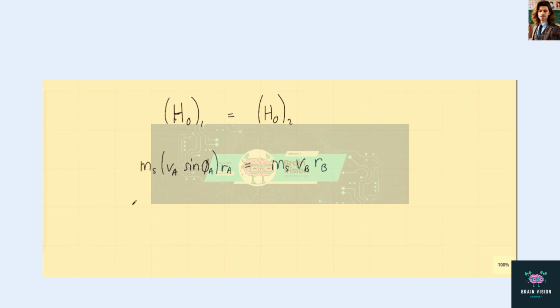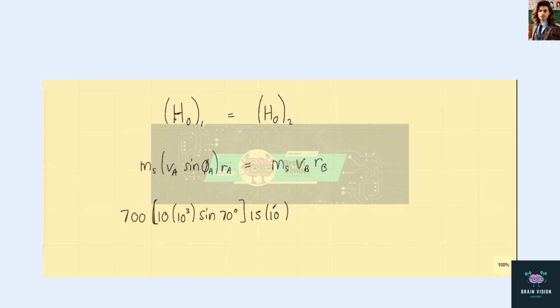So substituting our values in here, we get the mass of the satellite, which is 700, times va, which is 10 kilometers per second, so that's 10 times 10 to the power 3, times the sine of the launch angle, 70 degrees, times 15 times 10 to the power 6 meters, which is Ra.